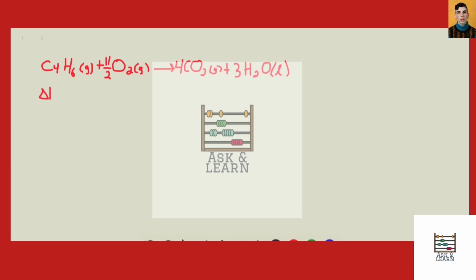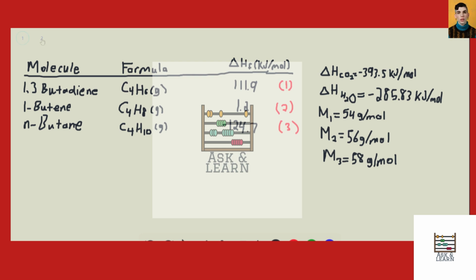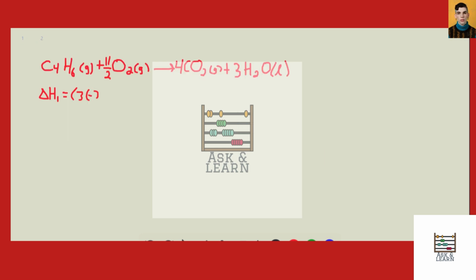So delta H of 1 is equal to 3 times minus 285.83 plus 4 times minus 393.5, minus, oxygen's now in its standard state, so its delta H is 0, minus 111.9.